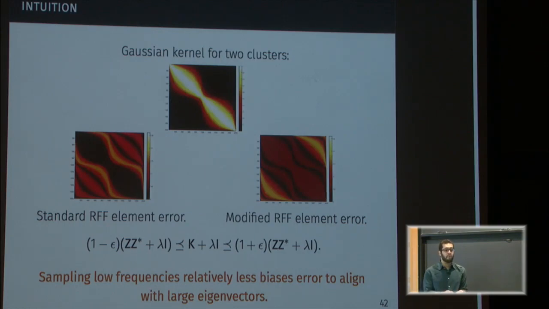I'm allowed to err more on large eigenvalues of the kernel matrix, so I shouldn't have concentrated accuracy on those blocks. That's exactly what this modified distribution does. The error is worse on the blocks, but that means that overall it's pushing its approximation to other parts of the matrix where it's more worthwhile.